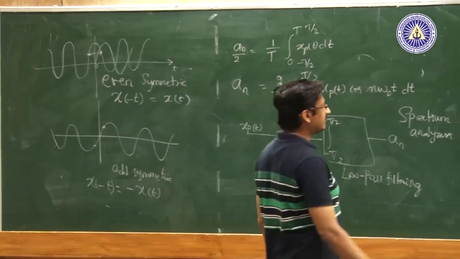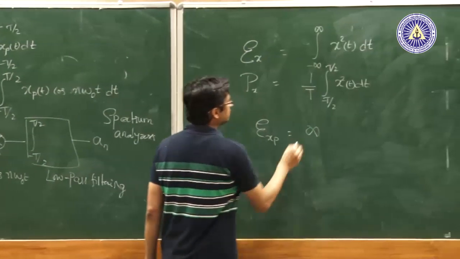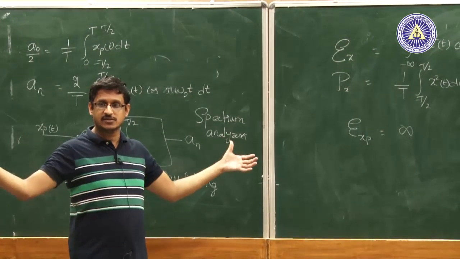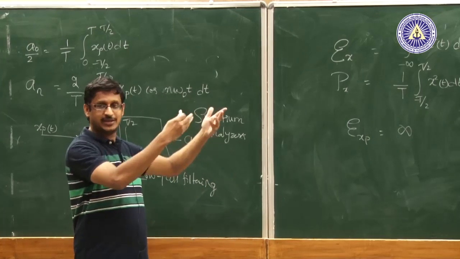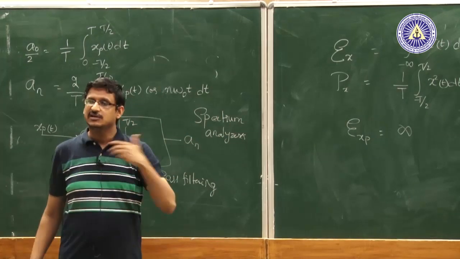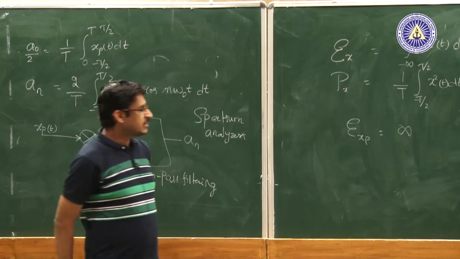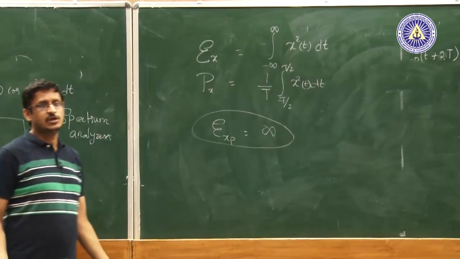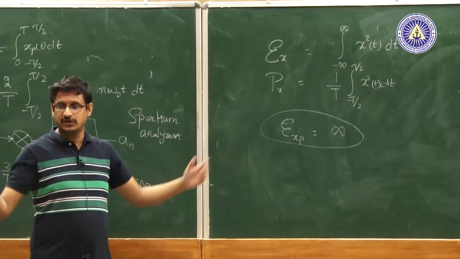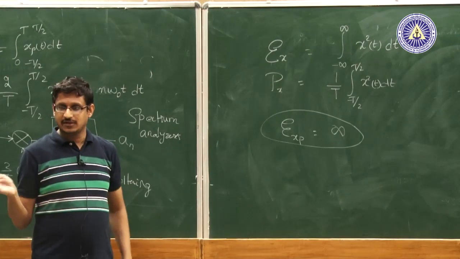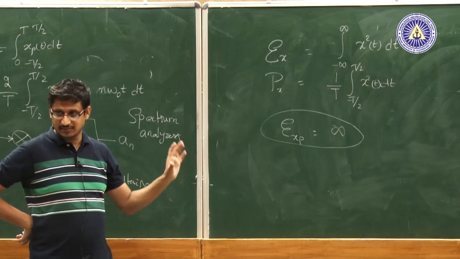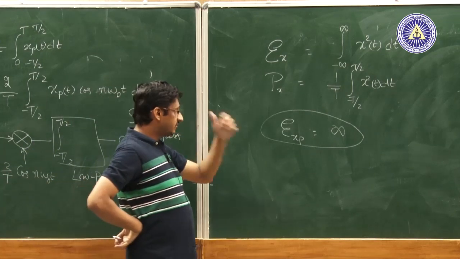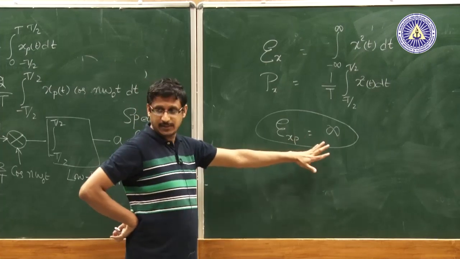You will clearly see that this ex would essentially be infinite, right, because the signal extends all the way from minus infinity to plus infinity, everywhere you are squaring and then looking at the area under that, in general it would be infinity. Okay. So, periodic signals are characterized by having an infinite energy. Of course, no physical signal would be infinite, ranging all the way from minus infinity to plus infinity, but in the ideal sense, periodic signals will have an infinite energy.